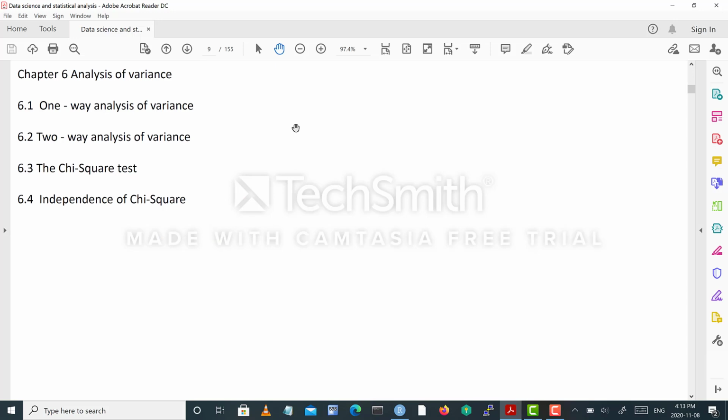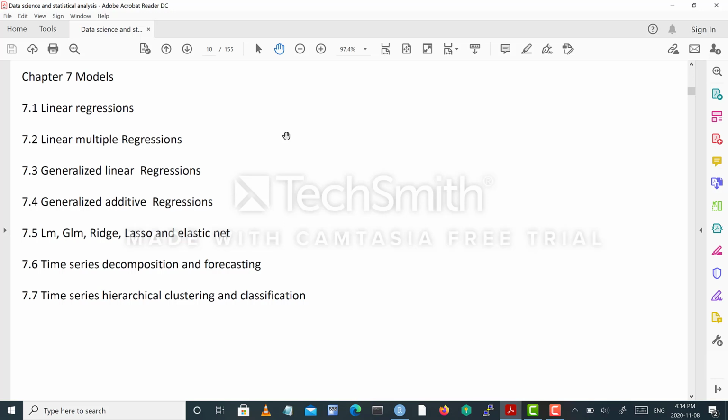Chapter 6 is about the analysis of variance: one-way analysis of variance, two-way analysis of variance, the chi-square test, and independence of chi-square.